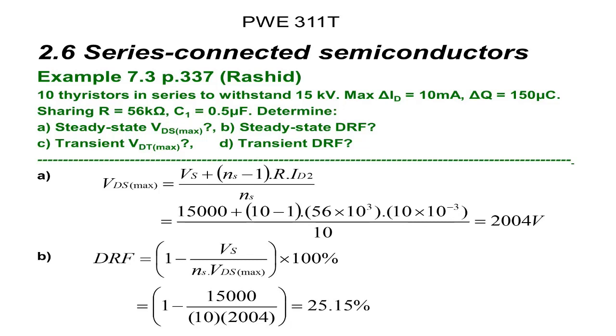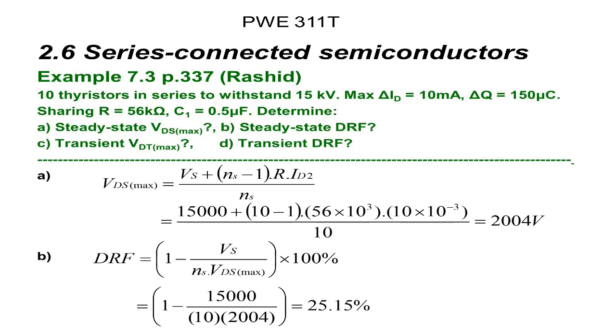So the first one, the steady state. The steady state voltage across the diode is Vs plus (Ns minus 1) by Rd ID2 over Ns.